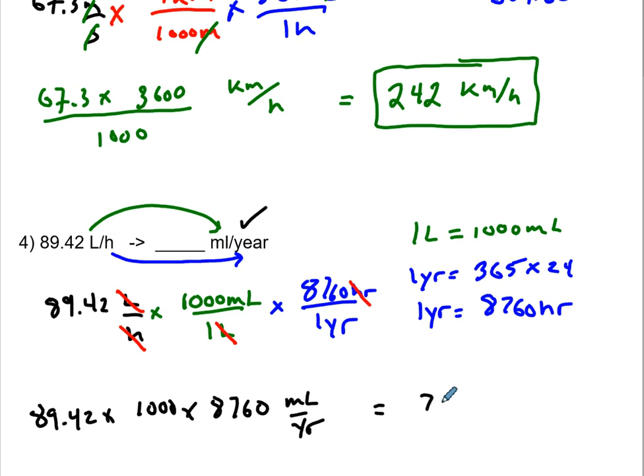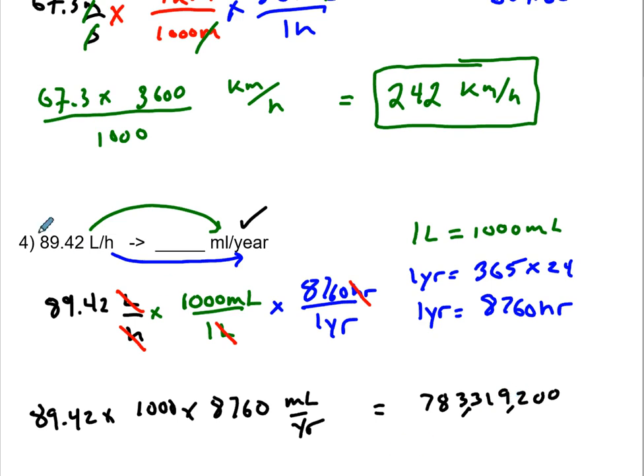I'm getting 783,319,200. So what does that give us? There's my comma there, my comma there. So it's massive.